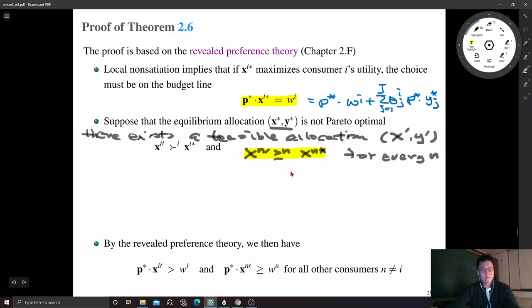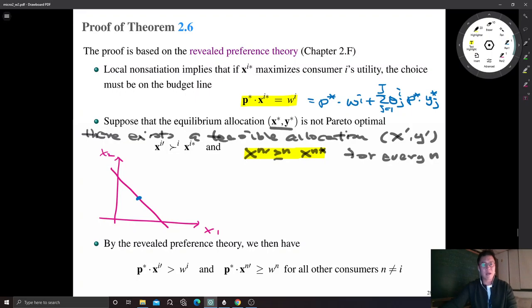All right. Then now we use limited preference theory. Think about a very simple example, so that there are just two consumption goods, X1 and X2. And suppose that consumer i chooses this bundle optimally for his own interest.